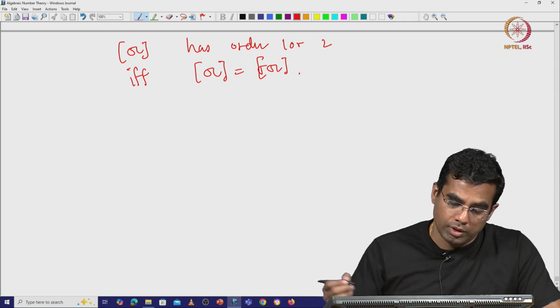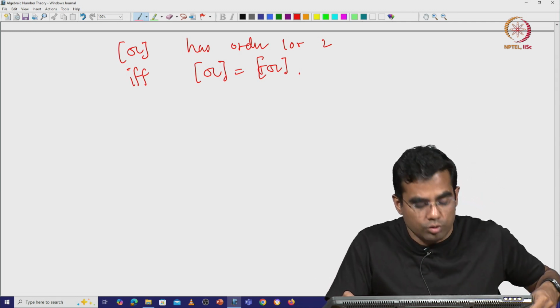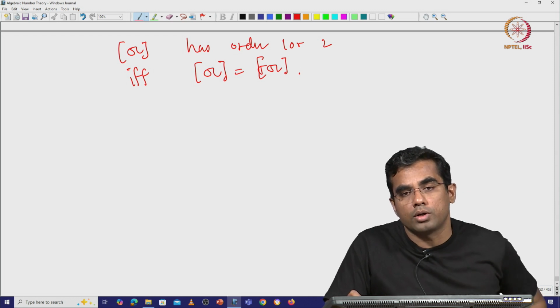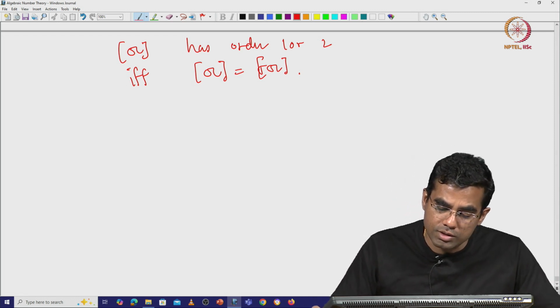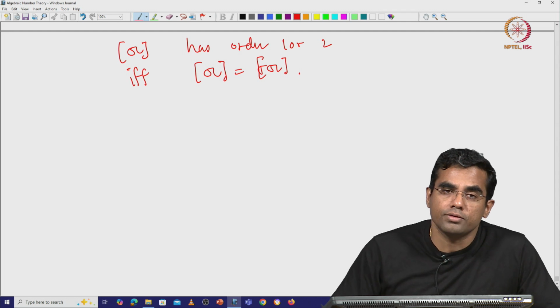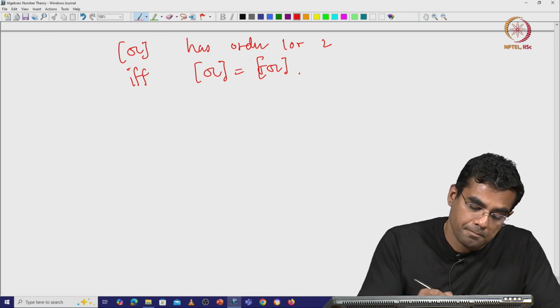Okay. So, that is purely on the side of ideal class groups. I have not used anything about quadratic forms yet. So, I now need to use the fact that there is a bijection between the ideal class group and binary quadratic forms of discriminant d_K.